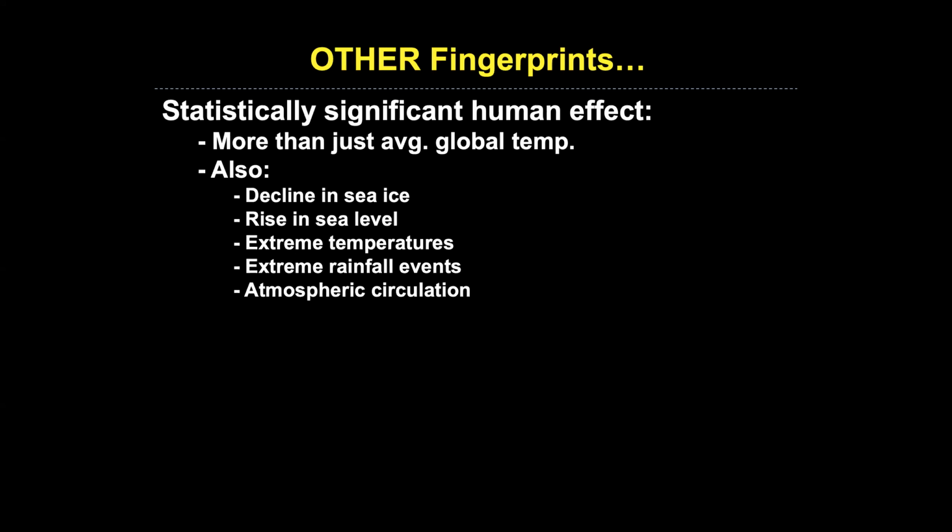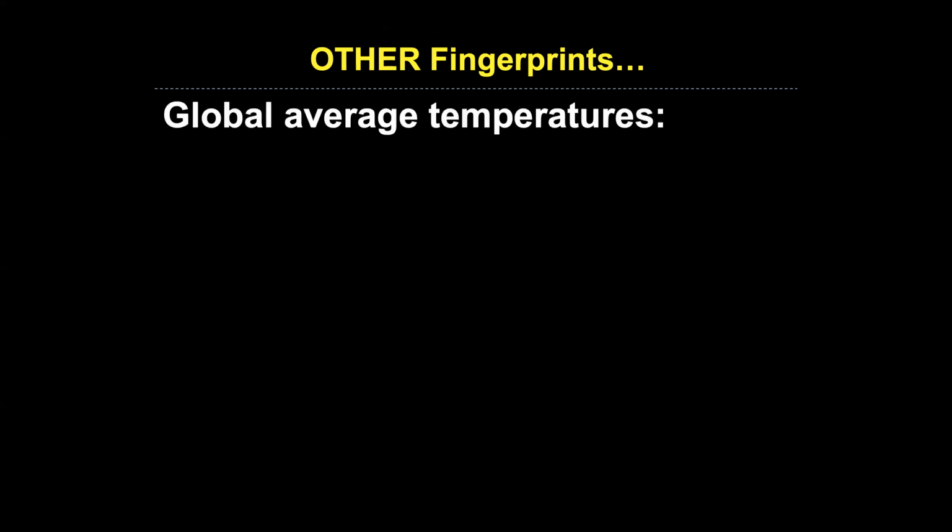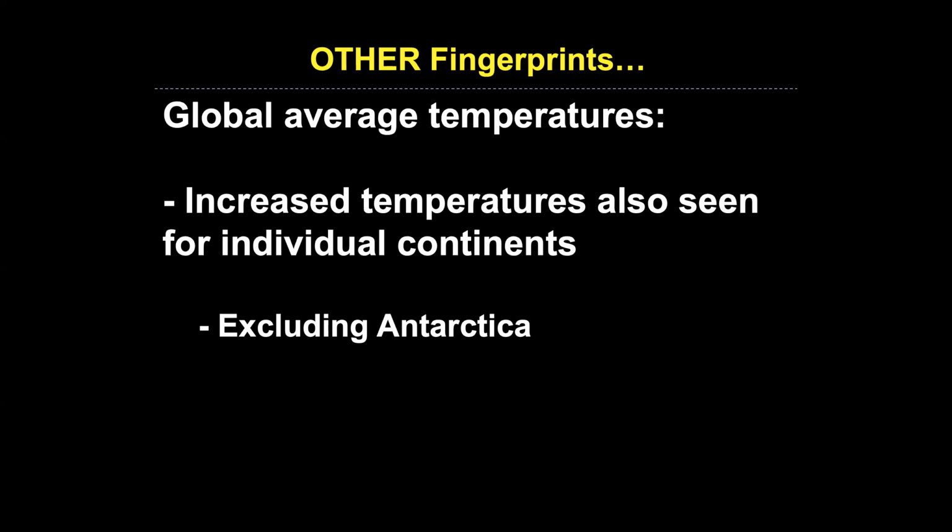Other fingerprints, statistically significant human effect. So you can also point to a decline in sea ice, rising sea level, extremes, so temperature and rainfall events, for example, and a change in a general atmospheric circulation. So again, this is pretty straightforward. Again, all temperatures have increased with the exception of Antarctica.